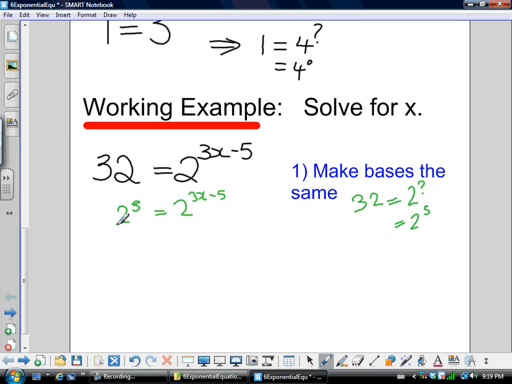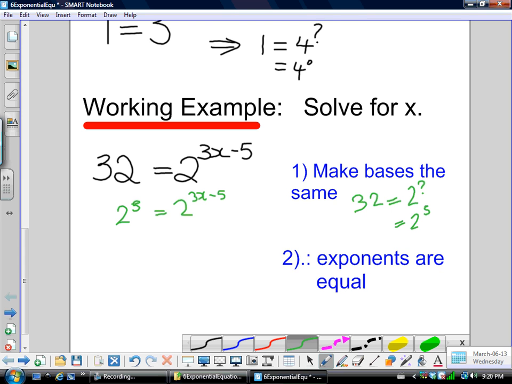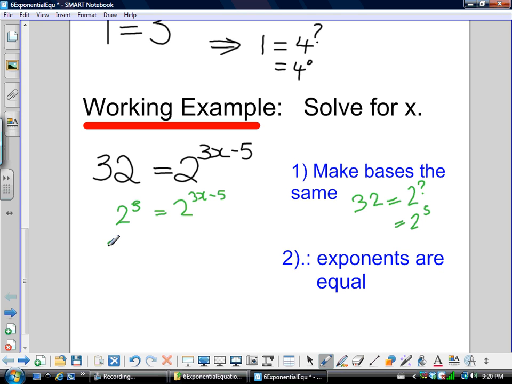Now you can see my bases are the same. Now because the bases are the same, therefore the exponents are equal. So now I can finish the question by going, therefore, just like the questions we did further up, therefore 5 has to equal the 3x minus 5.